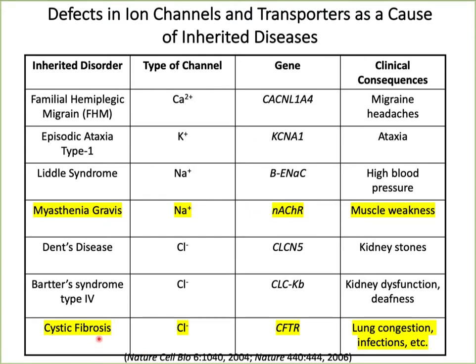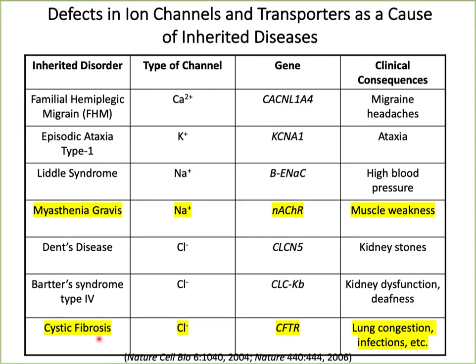The inherited disease you may be most familiar with is cystic fibrosis. The pathology of cystic fibrosis results from a mutation in a gene known as CFTR, cystic fibrosis transmembrane conductance regulator, that encodes a chloride transporter, and the chloride transporter is a member of the ABC superfamily.